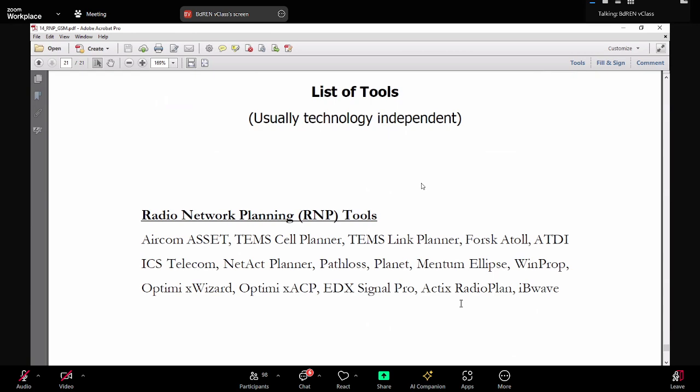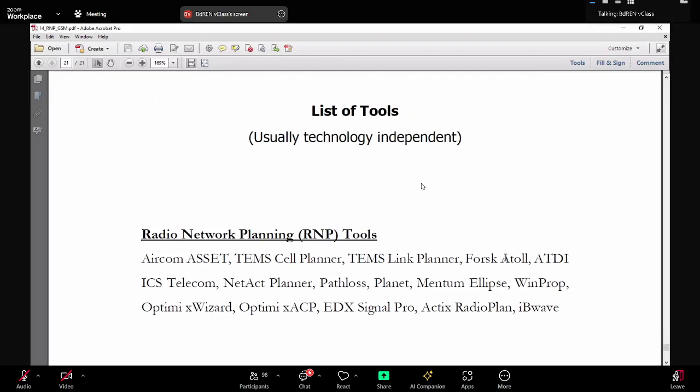First, the tool can even work together with the simulation tools. One of these tools, Forsk Atoll. Forsk is the name of the vendor. Atoll is the software name.